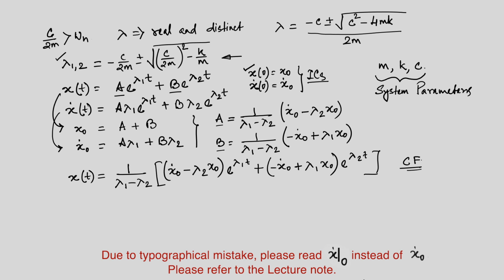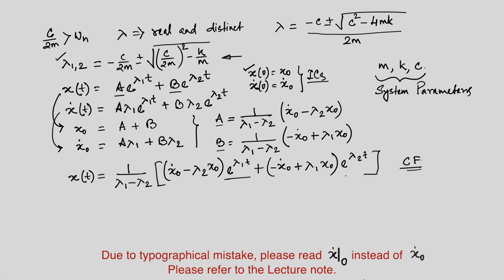Now, if you look at the right hand side, we have two exponentials, e to the power lambda 1 t and e to the power lambda 2 t, and we have the coefficients based on the initial conditions that we define, that means x naught and x naught dot.